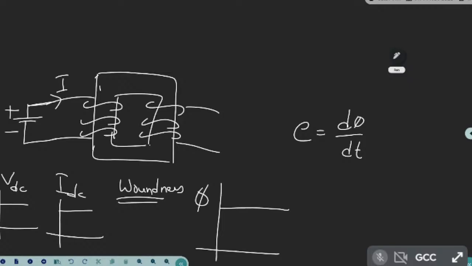If the flux is changing with respect to time... but here it is constant. Because of the constant flux, there is no induced EMF.